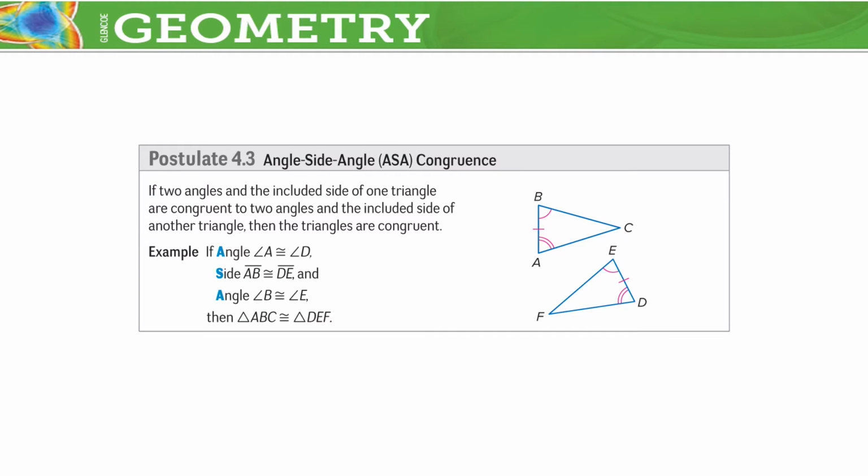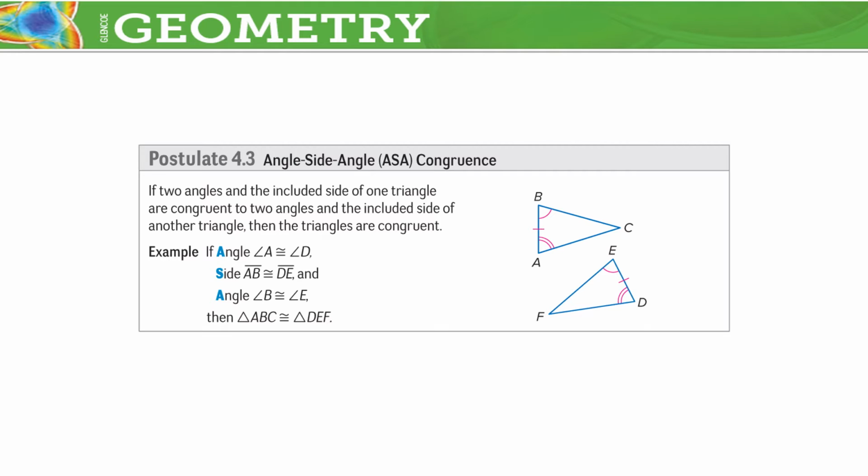Now we will use another way to prove two triangles are congruent, which is angle side angle. Why? The side must be between two corresponding congruent angles.